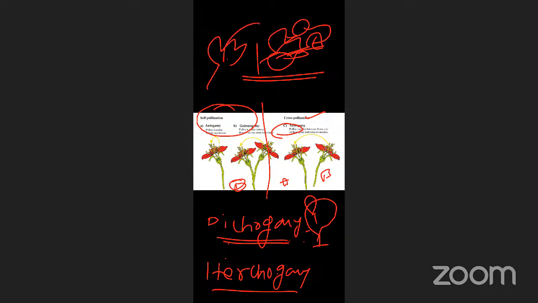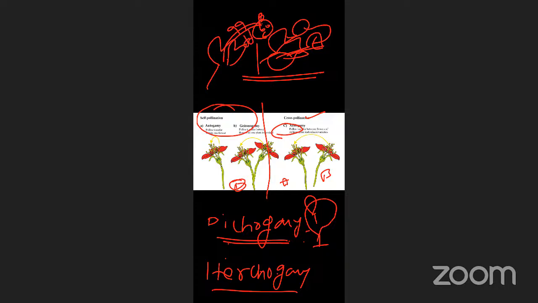The stamen nodes are present here, and this is the gynoecium, and at the tip region, this is the stigma. But on the lateral sides, the stamens are there like this.